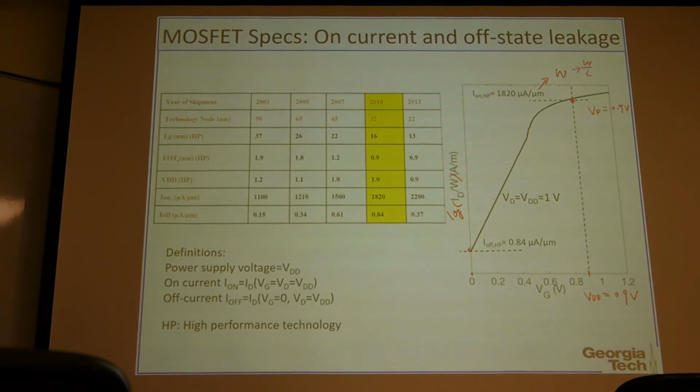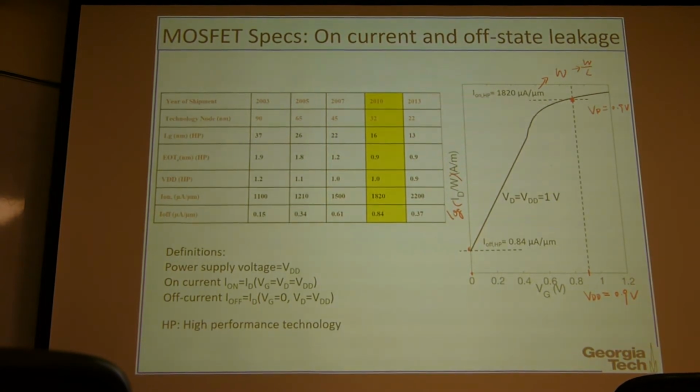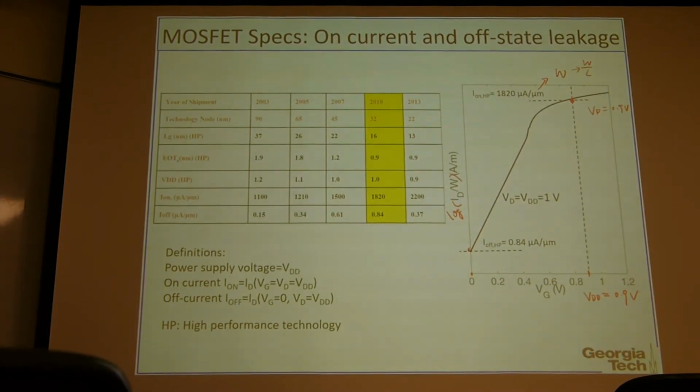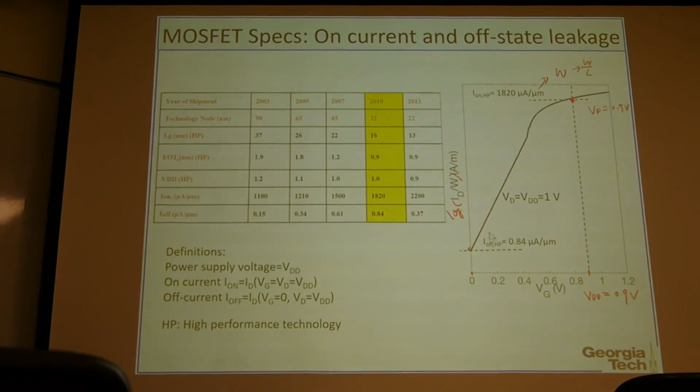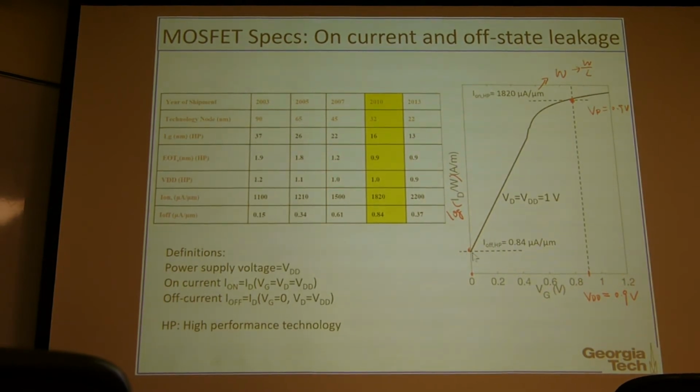So you see here we have more than 2000 on-off ratio between the on-state and off-state current of the transistor. But the transistor is not completely off. You still have a little bit of current.